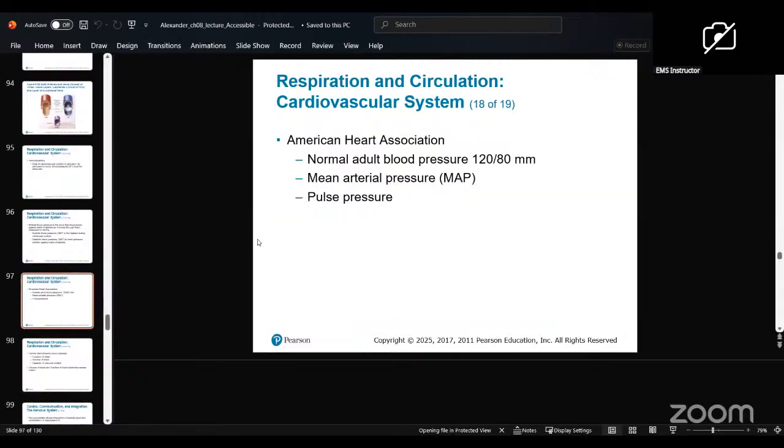You're going to hear me refer to something as the book normal. Book normal for blood pressure is 120/80. And I say book normal because, as we know, each individual person is different. So what your normal blood pressure is may be different than mine. I'm a bigger boy. So when people just instantly think bigger people have high blood pressure, not true. I usually run about 117/76.